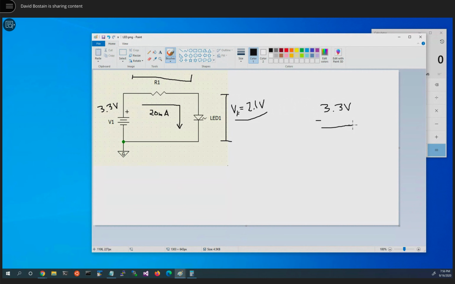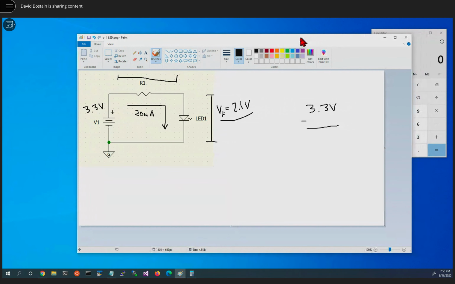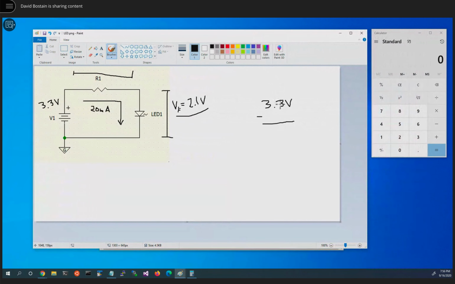Put the answer in chat. What's the answer going to be? Well, what's the something? The something we're going to take away from it is the 2.1 volts.